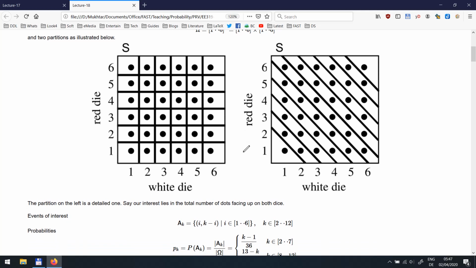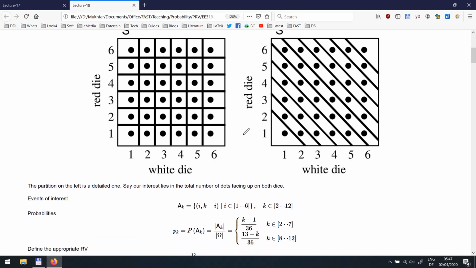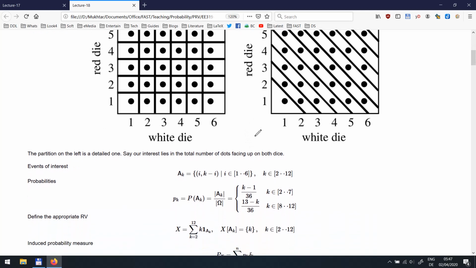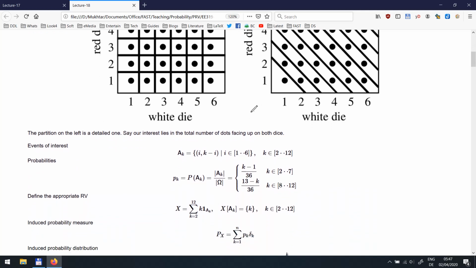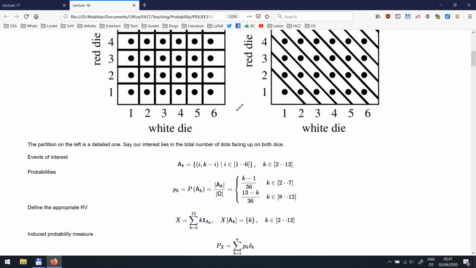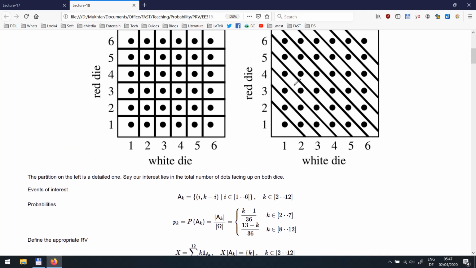Now let us mathematize all this discussion. So if I use the label K for the total number of dots facing up on both dice, so A_K will be defined. You see, you cannot have A_1, because the minimum total will be 1 plus 1 is equal to 2.